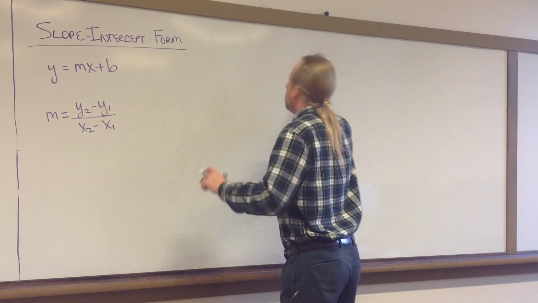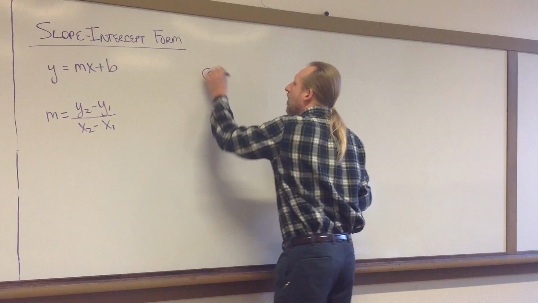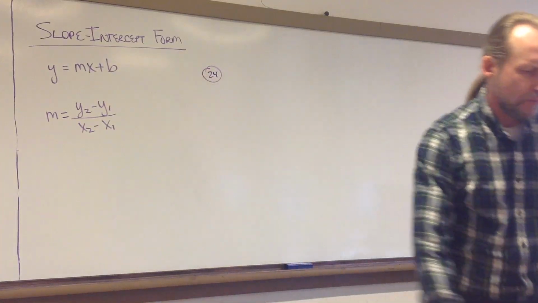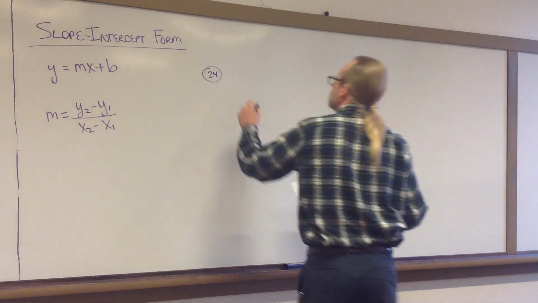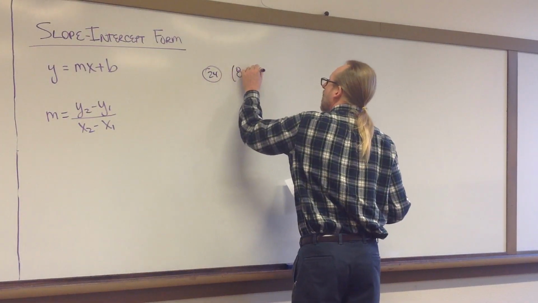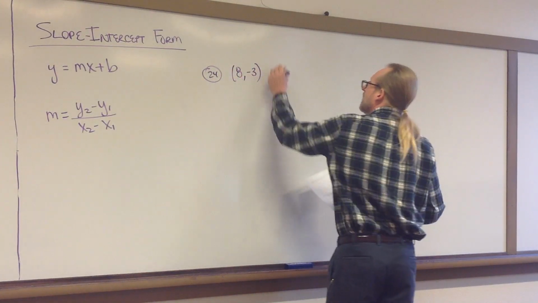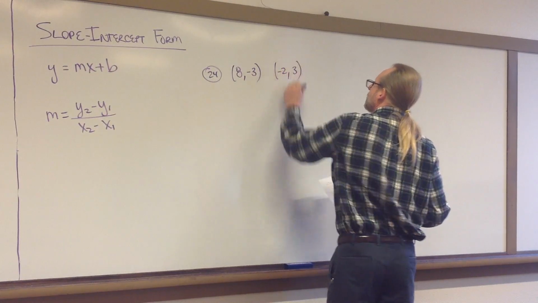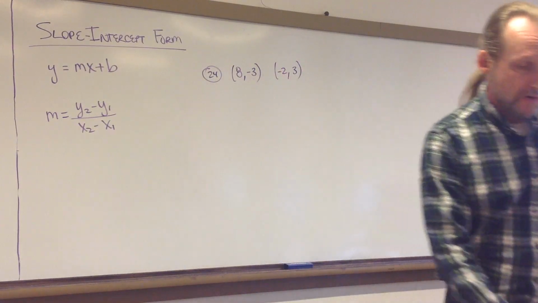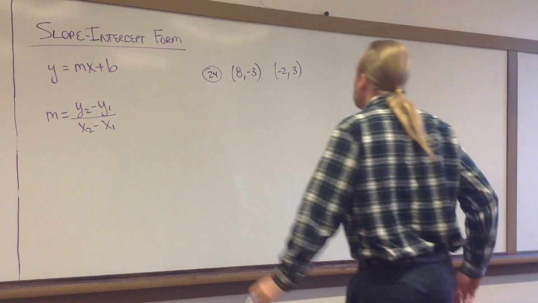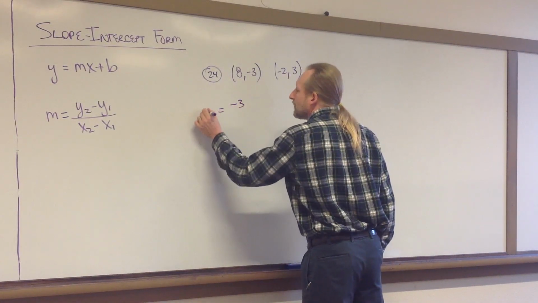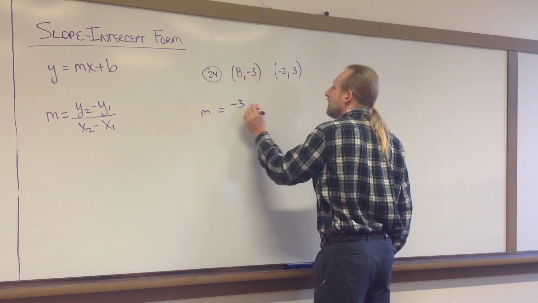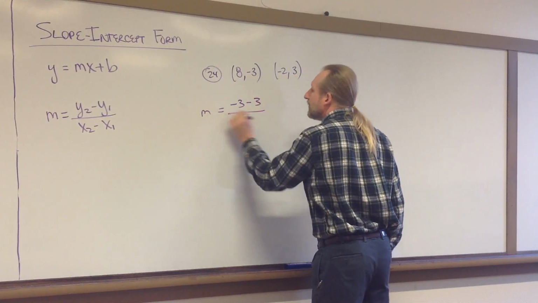All right, last one, problem 24. We've got 2 points here: 8, negative 3, and negative 2, positive 3. So our slope is going to be, I'll start with this negative 3 right here, subtract 3.